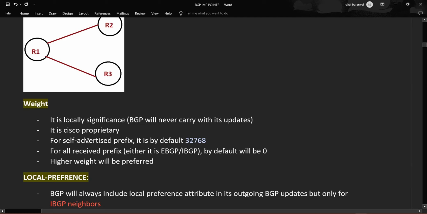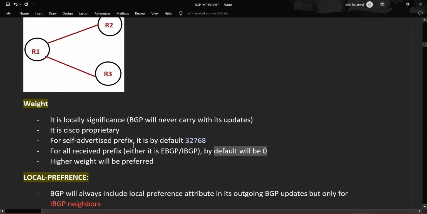For self-advertised prefixes, it is by default 32768. That means if we have router 1 and we are advertising prefixes from router 1, then for those prefixes weight will be 32768, and for all the received prefixes, either from eBGP or iBGP, its default value will be 0, and higher weight will always be preferred.